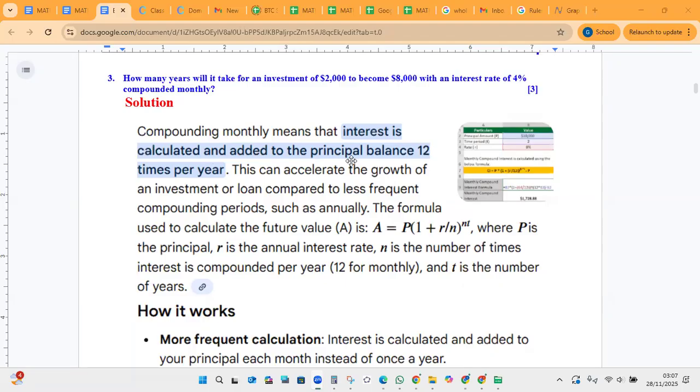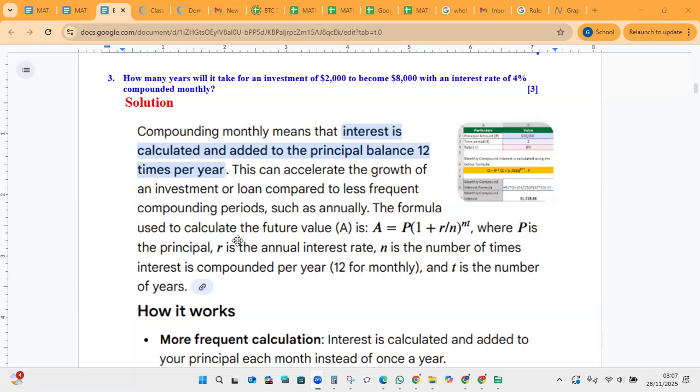So every month end, interest will be added to the principal balance. This can accelerate the growth of an investment or loan compared to less frequent compounding periods, such as annually. So compounding monthly is more advantageous for an investment or loan than compounding annually.